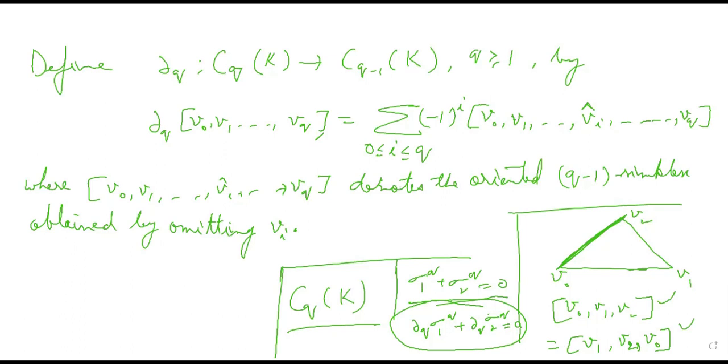Because they differ by an even permutation. What have you done? You have applied a permutation: 0 goes to 1, 1 goes to 2, 2 goes to 0.